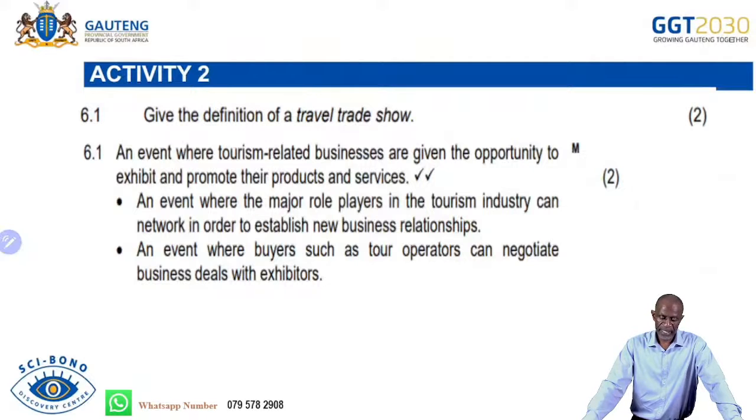And here are the explanations. An event where tourism-related businesses are given the opportunity to exhibit and promote their products and services. An event where major role players in the tourism industry can network in order to establish new business relationships. An event where buyers, such as tour operators, can negotiate business deals with exhibitors.